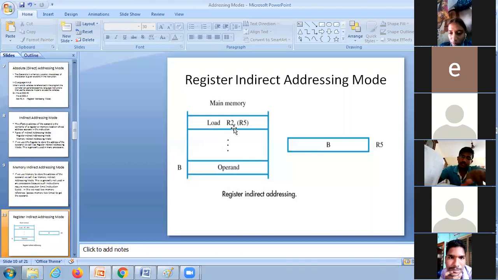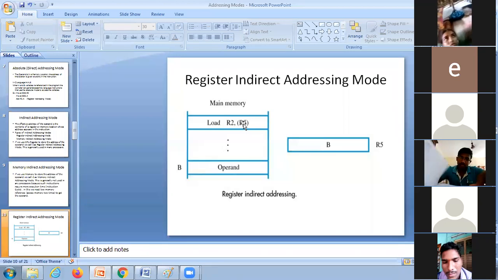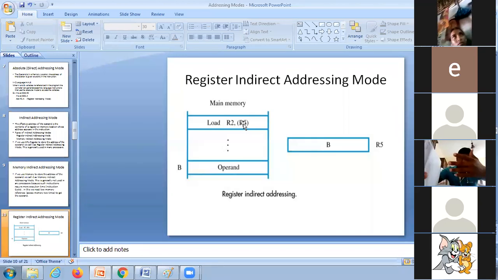Here, Load R2 comma within the brackets R5. So this is an example of a register indirect addressing mode instruction. The instructions are always stored in the main memory.